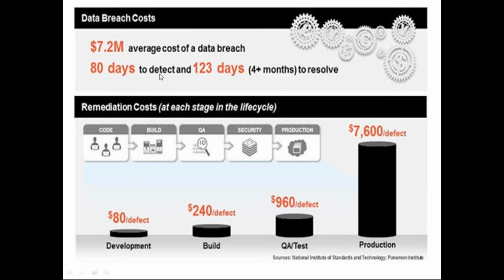And from the testing perspective, for a given complete system, it actually takes 80 days to do the complete security testing, and an average of 123 days to fix the issues. So a lot of money is flowing into the project management because of security testing. These analyses will help you get a clear picture about the need for security testing and the need for security testing professionals or ethical hackers.